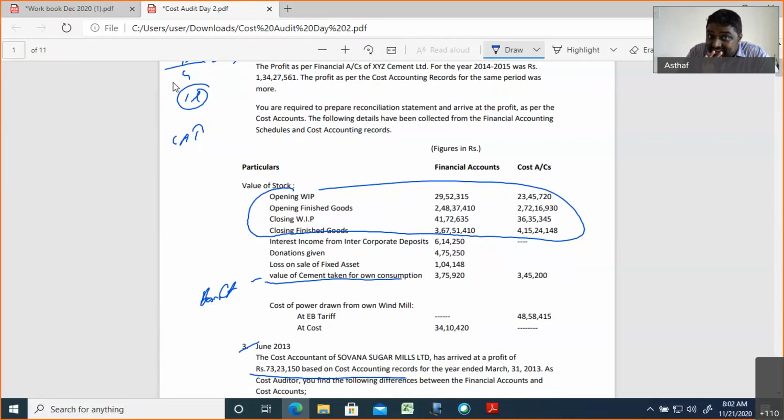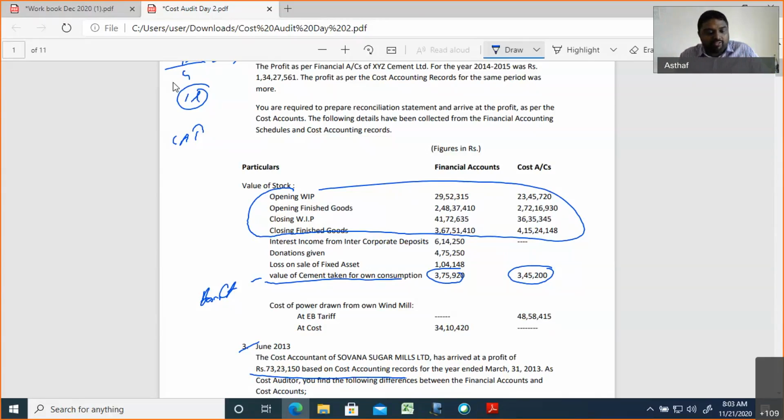It is not an expense. So value is a benefit or an income. In financial, the benefit is 3,75,000. In costing, the benefit is 3,45,000. Where the benefit is more, income is more, so profit is more. So the benefit is more in financial, and financial profit will be more.